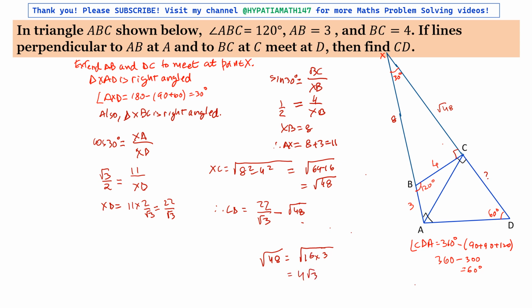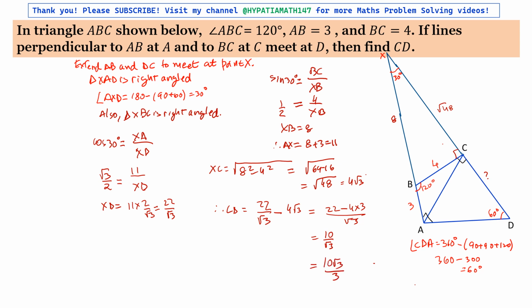So I can write 4 root 3 instead of root 48, which means CD equals 22 minus 4 times 3 divided by root 3, and that equals 22 minus 12, that is 10 out of root 3. And now we can rationalize the denominator, so that would make it 10 root 3 out of 3.